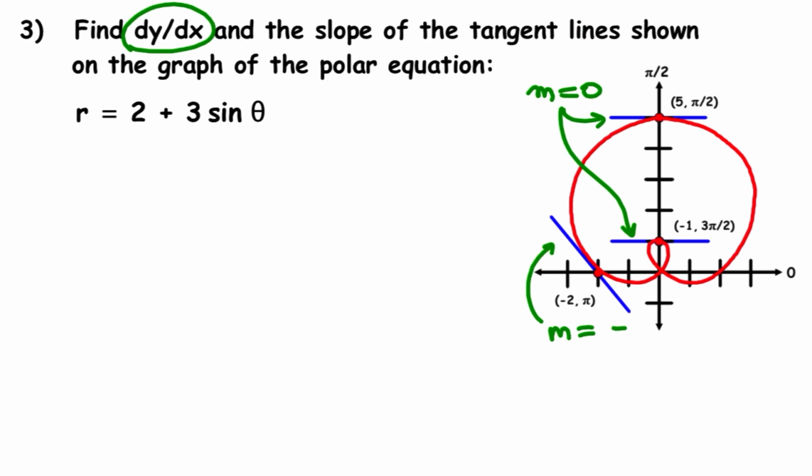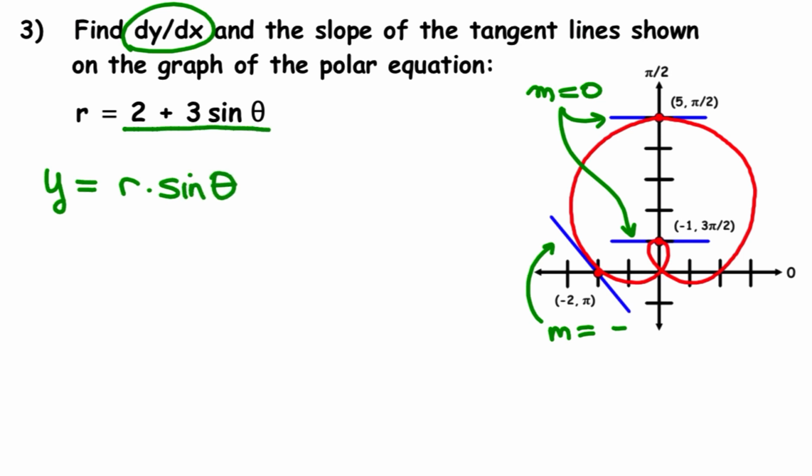Okay, so we'll come back to that. And we have to find dy/dx, which will help us get the third and final slope. As we know, dy/dx is dy/dθ over dx/dθ. So let's find those first. Before we find dy/dθ, we need y. And y, of course, is r sine theta.